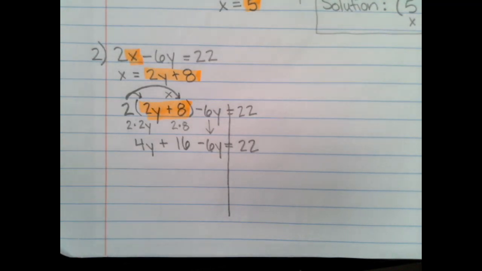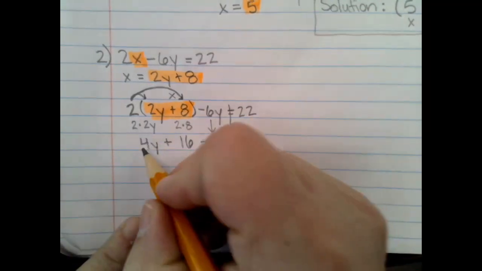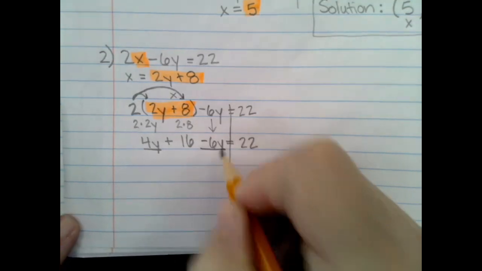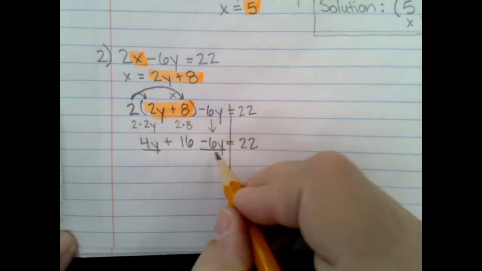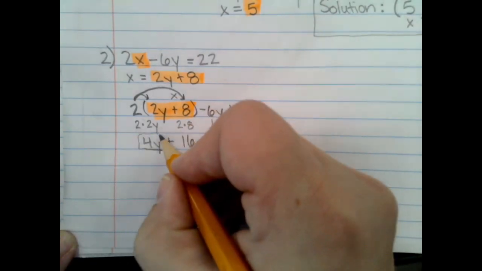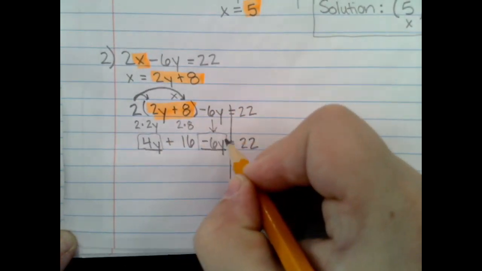All right, what's our next step going to be? Yeah, like terms. I have a 4y and a minus 6y. So what's 4y minus 6y? What would be 4 minus 6?